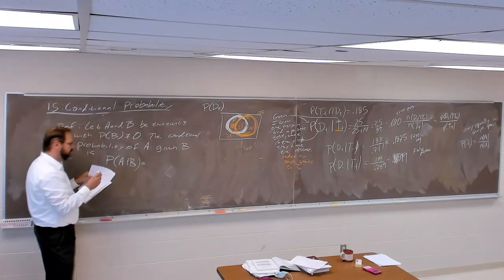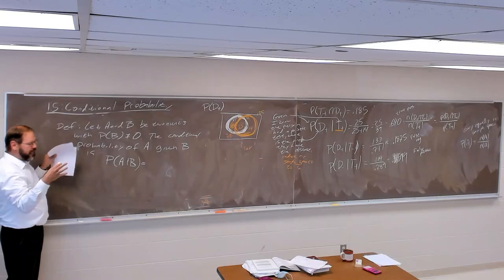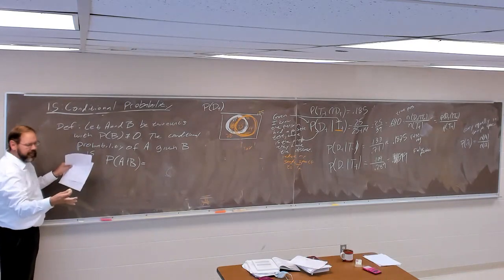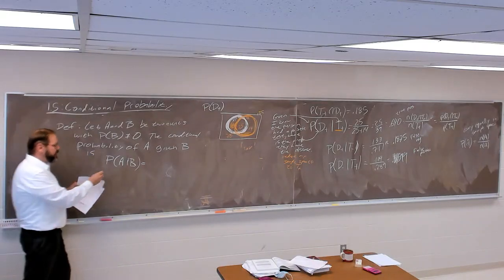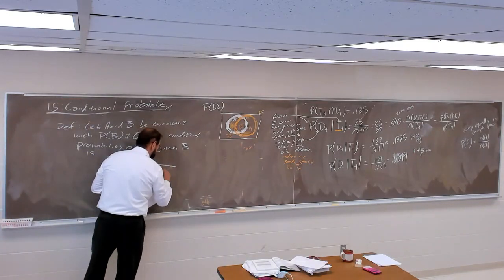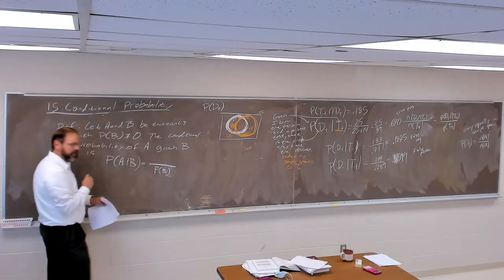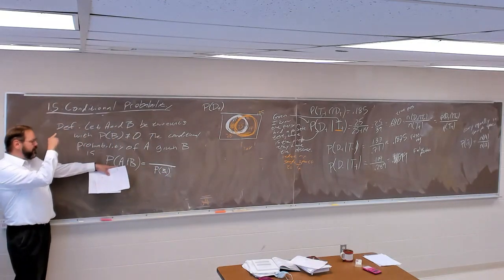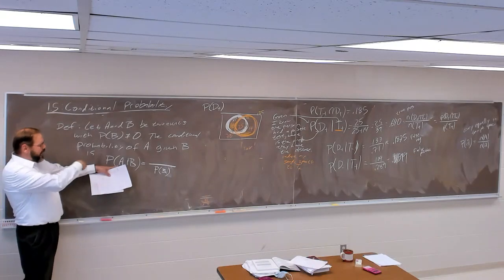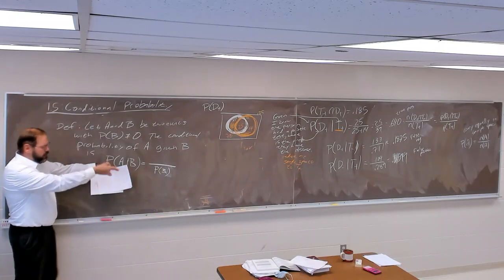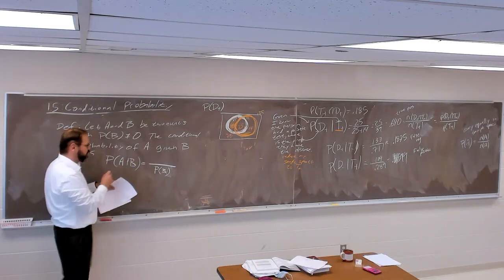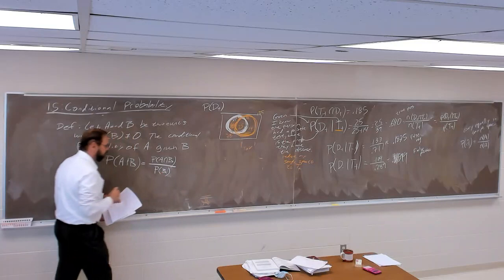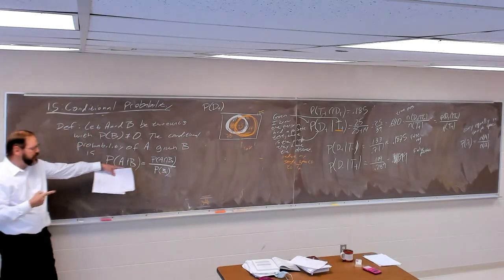Okay. It's just the case where we restrict our sample space from omega, with everything occurring, down to just B. So our new sample space is now just B. And then the numerator would be the results of event A occurring and B, right? Those things in A that were also in our new restricted sample space B. We could also use n's here, right?